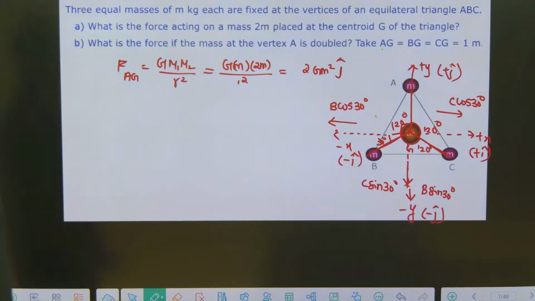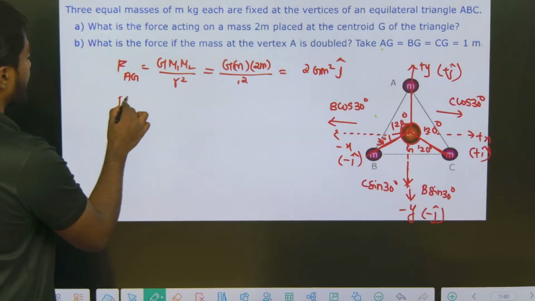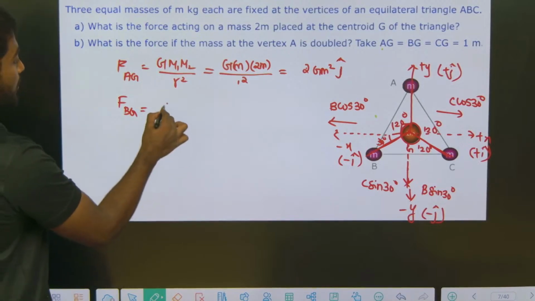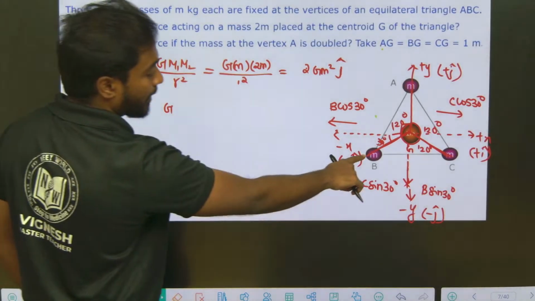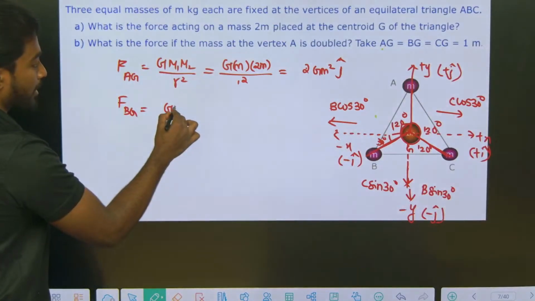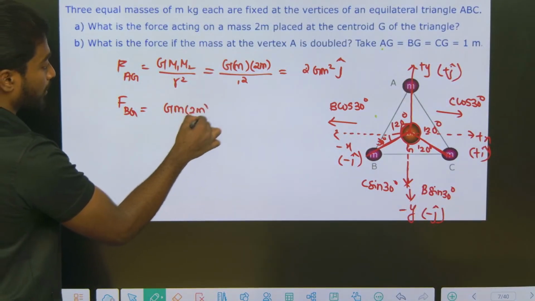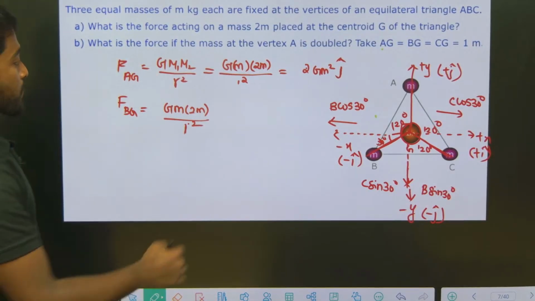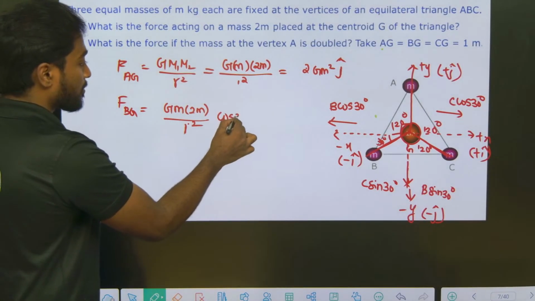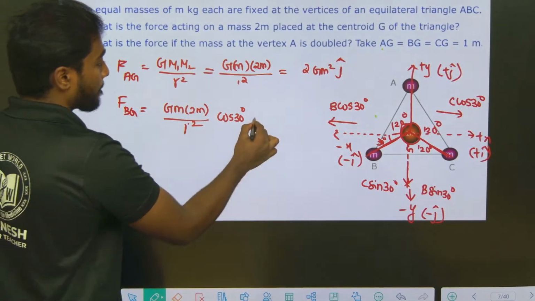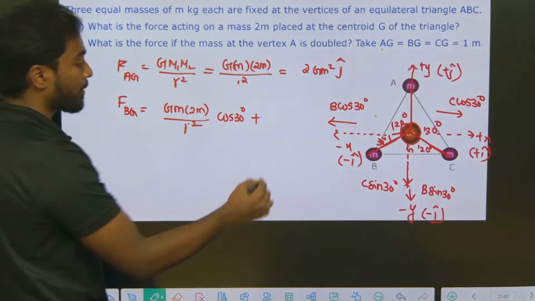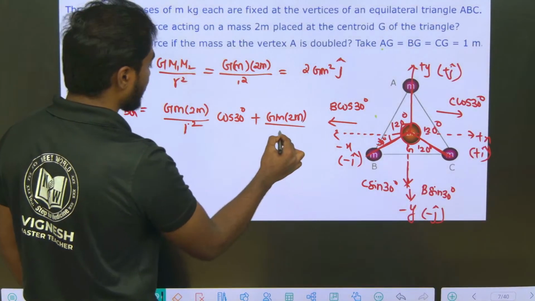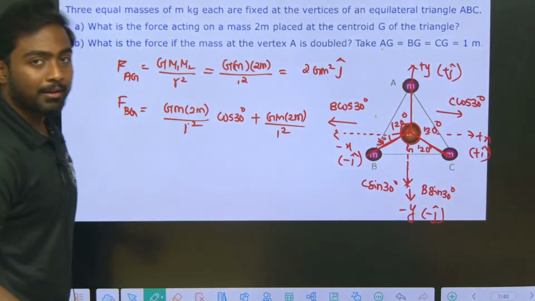Okay, done. So F BG will be equal to G, what is the mass? m and 2m. So same thing, G m into 2m by 1 square, that will be cos 30 degree, plus another one G m into 2m by 1 square, and that one will be sin 30.